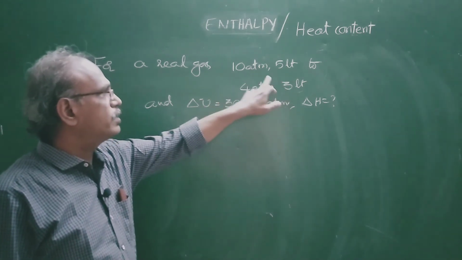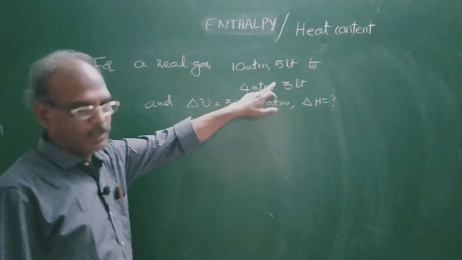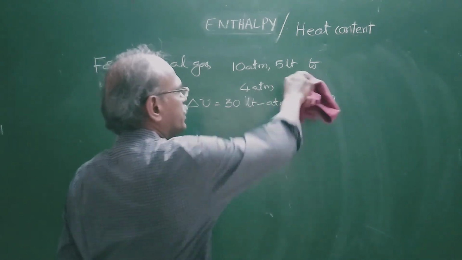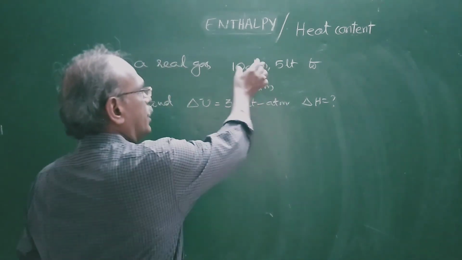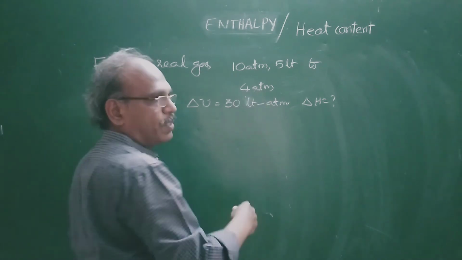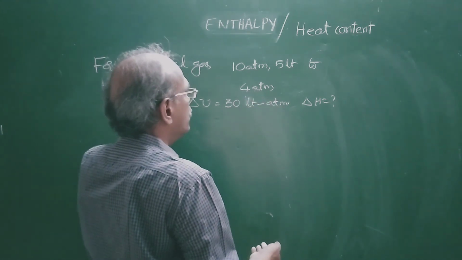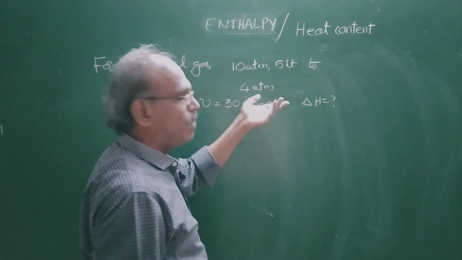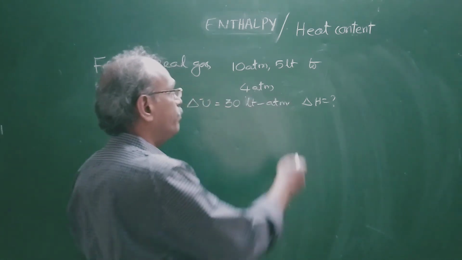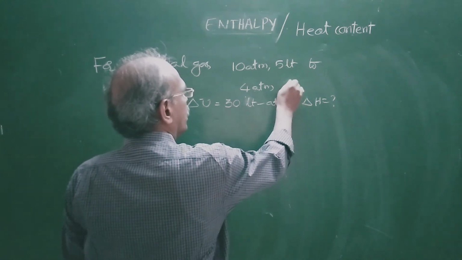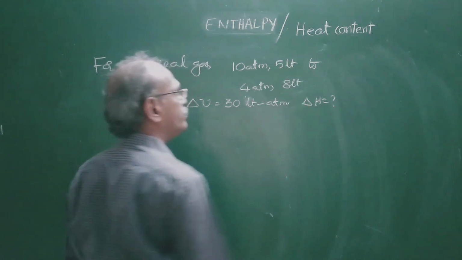See here, I think it is expansion, sorry. Here pressure is decreased from 10 atmosphere to 4 atmosphere, so volume should increase, but this is a real gas, so it won't follow the ideal gas equation. So it should be greater than 5, let it be approximately 8 liters.